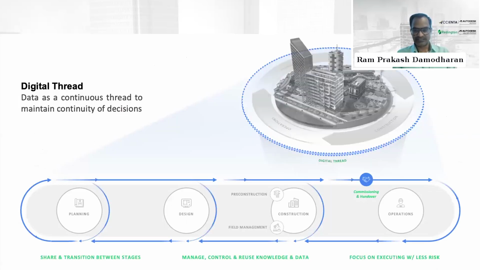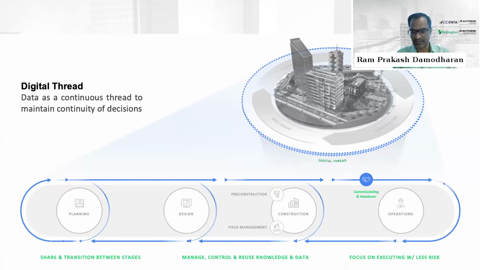Next one, please. Great. Many people talk about the digital thread, the data as a continuous thread to maintain connectivity. If you see the flow of data here, it is connecting with all phases and all the people, where you can share better ideas and transition between the stages. You have good control of managing the data, sending it to the right team, the right person, at the right time.